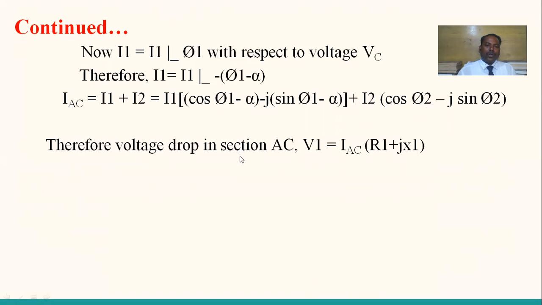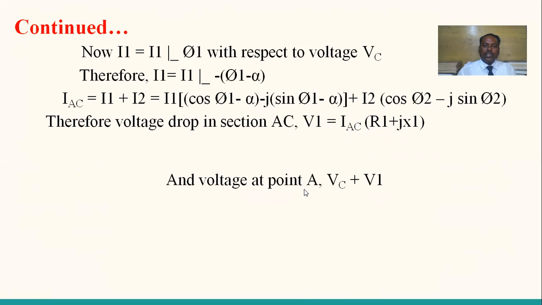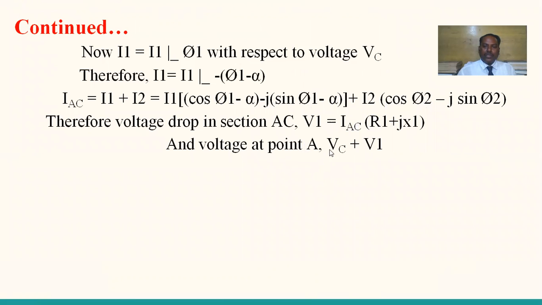So therefore, voltage drop in section AC, denoted as V1, is equal to IAC into (R1 plus jX1). And voltage at point A, the sending end, is equal to VC plus V1.